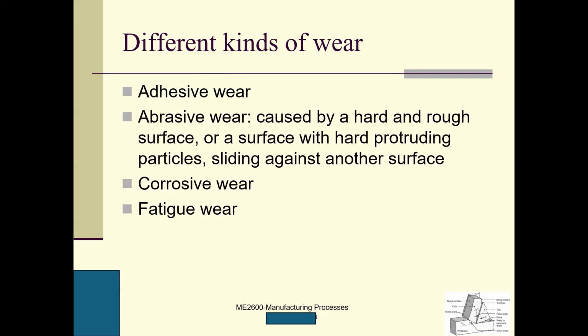Abrasive wear is caused by a hard and rough surface, or a surface with hard protruding particles rubbing against another surface. If I have very hard particles on this surface and I just rub it, they will scratch them. So this is wear. Then corrosive wear because of corrosion, and also fatigue wear. So we have four different wear mechanisms.